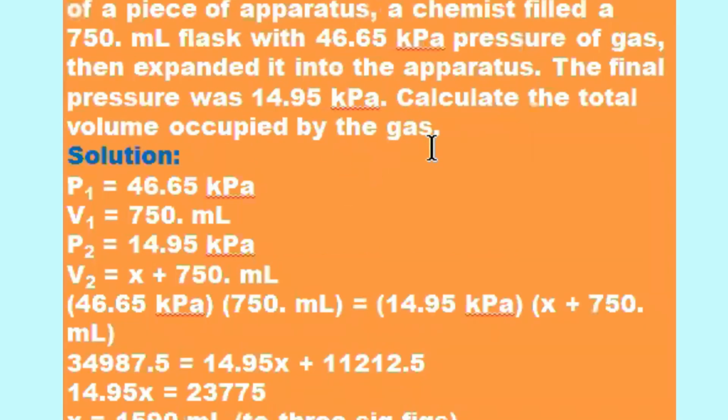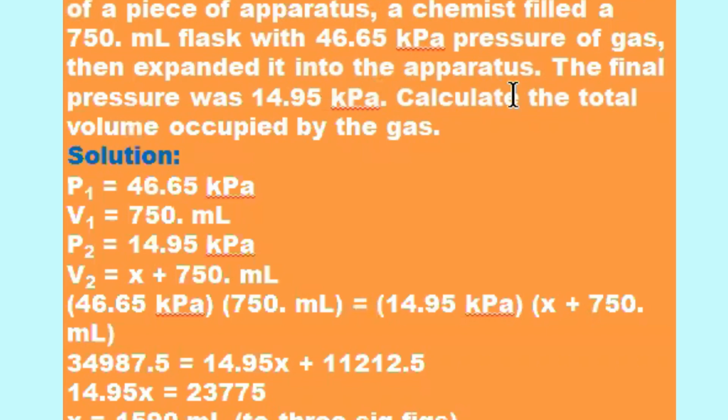Okay, example number 4. In order to measure the volume of a piece of apparatus, a chemist filled a 750 ml flask with a gas at 46.65 kilopascal. Okay, this one is V1 of a gas. Then expanded it into the apparatus.